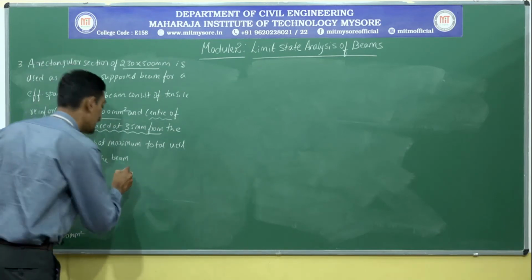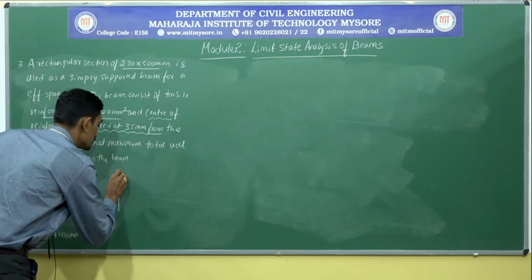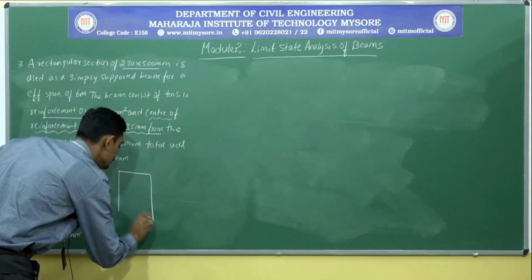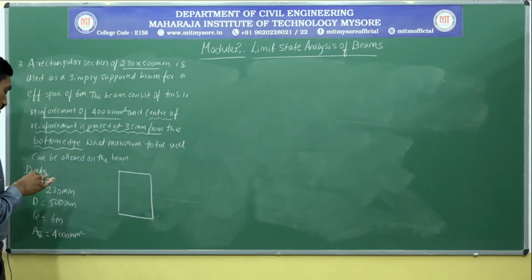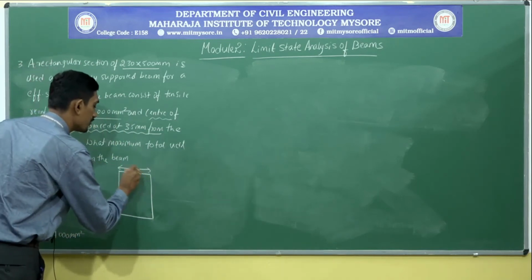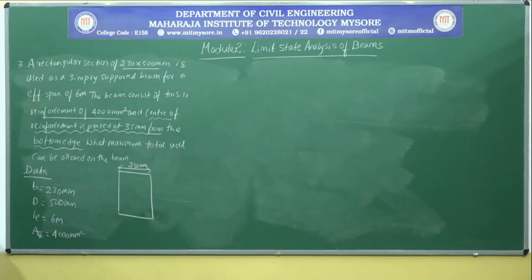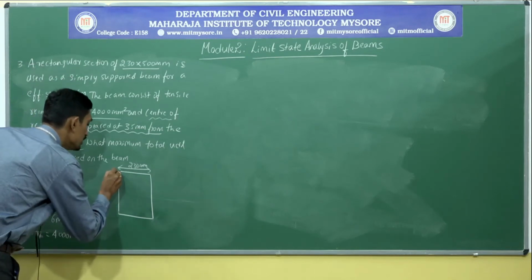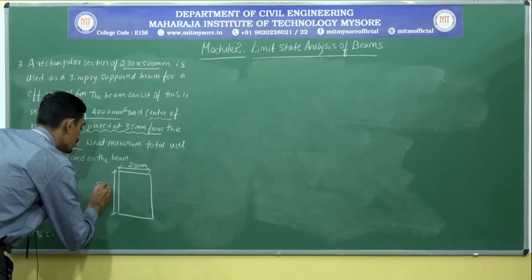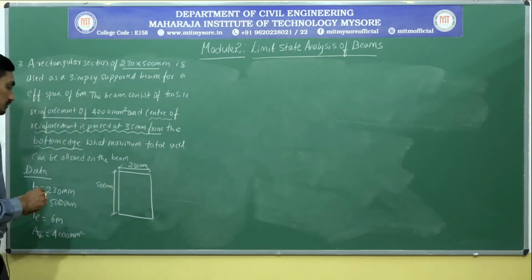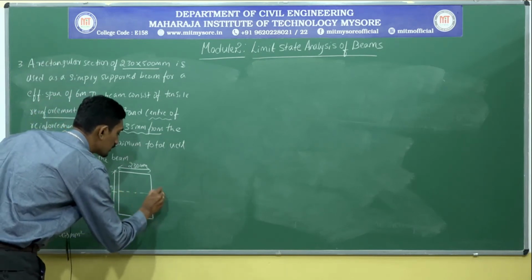Let us draw the diagram. So the beam is of width 230 millimeter and overall depth 500 millimeter, and then this is the neutral axis.